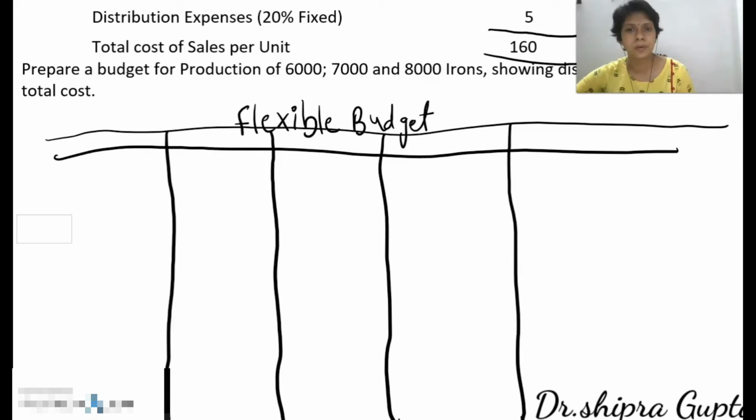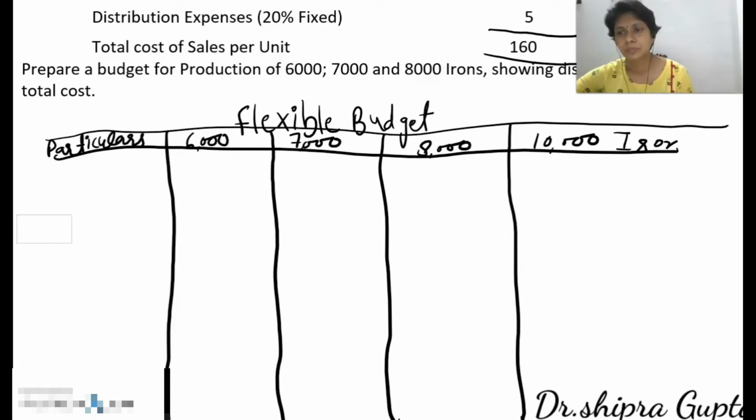So we will write here particulars, meaning the detailed column, then 6,000 irons, 7,000 irons, 8,000 irons and the last one for 10,000 irons.